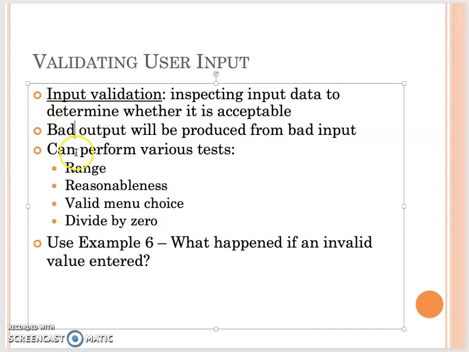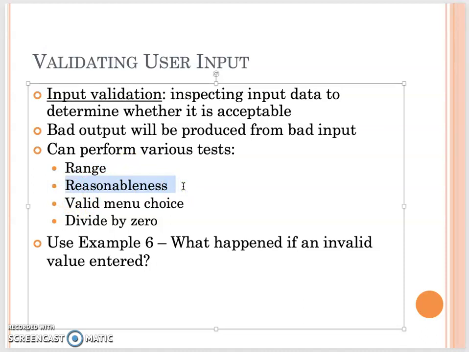So from now on, for all the code I ask you to implement, no matter lab exercise or homework assignment, you need to start thinking about how we should validate the data after we get the user input. Sometimes we can do input validation according to range. For example, earlier we said radius should be greater than or equal to 1. That's one kind of range. Or reasonableness.